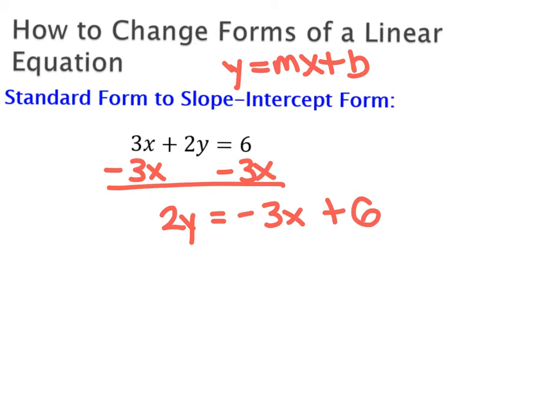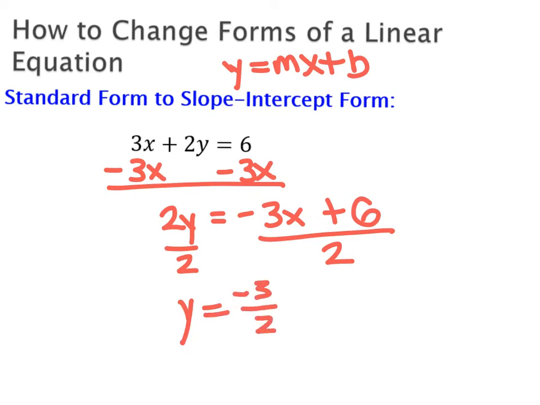Then to finish getting y by itself, I would have to divide both sides by 2. So that'll give me y equals negative 3 divided by 2 is negative 3 over 2 x, and 6 divided by 2 equals 3. So it's plus 3. The one thing to be careful of here is just making sure that you divide everything by 2.